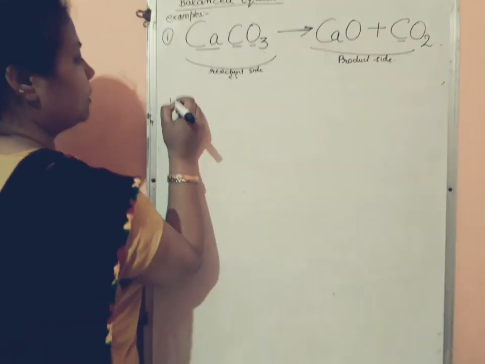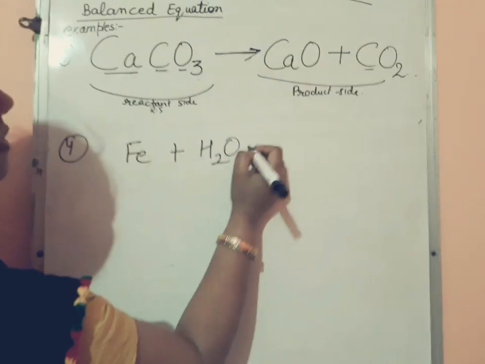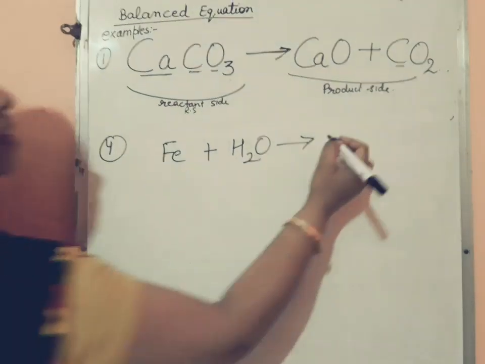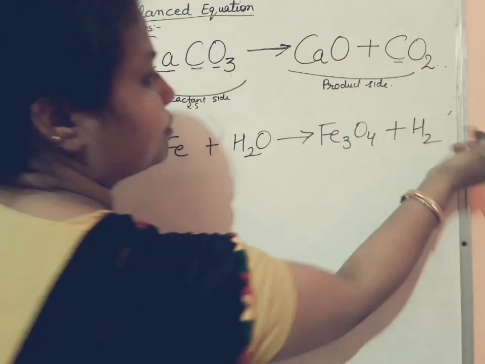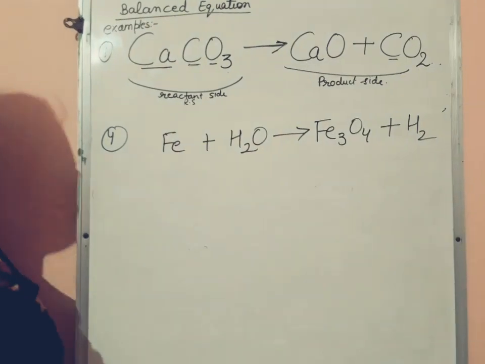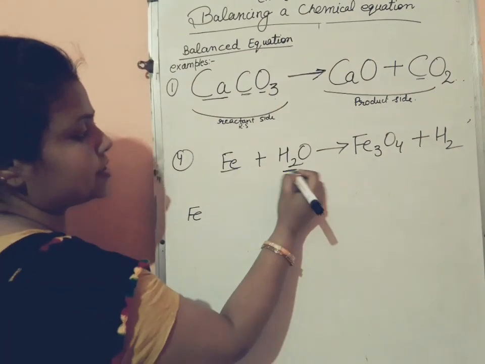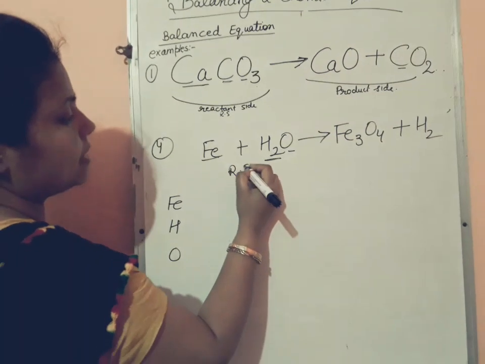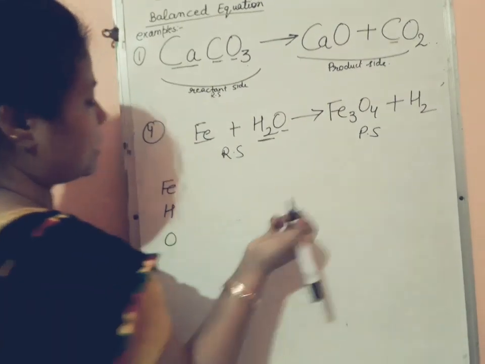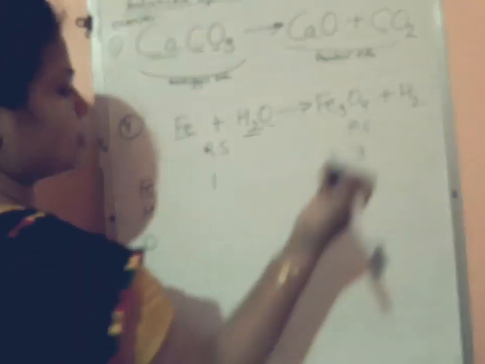Next example, iron plus water gives Fe3O4 plus H2. Now how will we balance this equation? Iron is 1 element, then next is hydrogen, and third is oxygen. On the reactant side and on the product side, what is the calculation? Iron is 1, on the product side iron is 3.